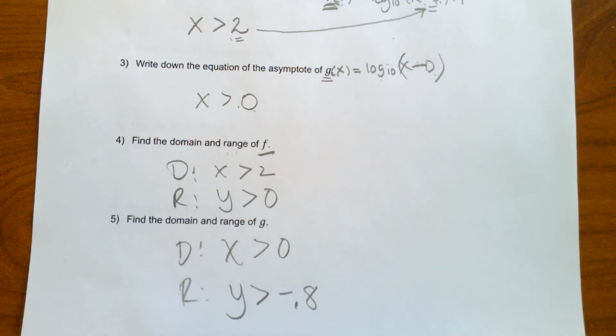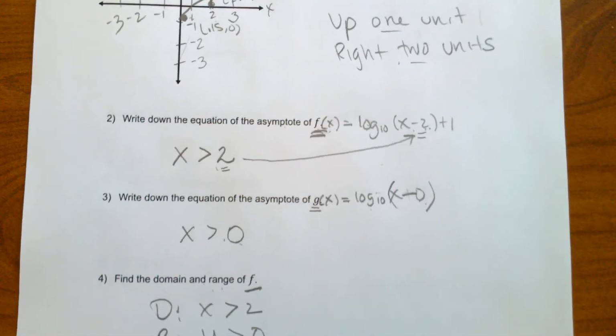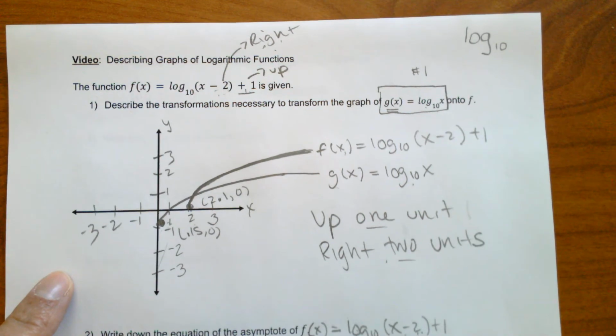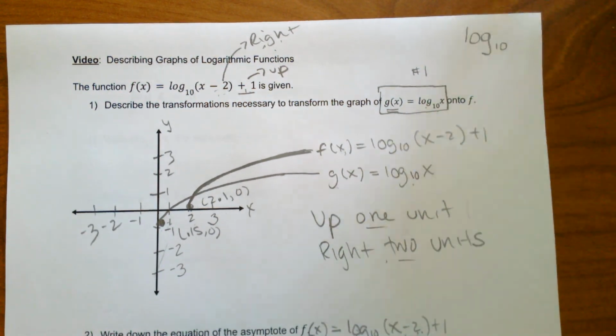Because it's not going to go below. It's going to go negative 0.81, but we can approximate there. So that's how you find your domain and range, your asymptotes, and describe how one graph changes from another. Hope it helped.